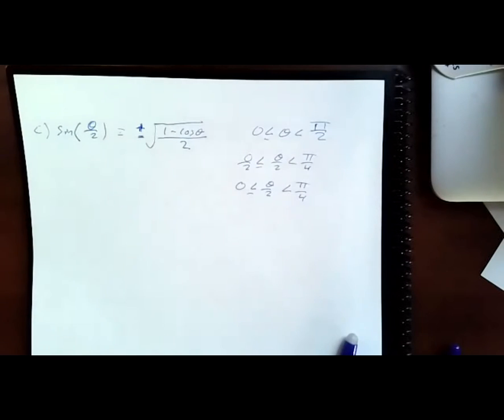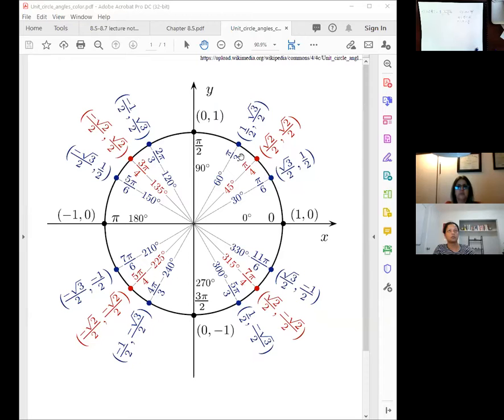All right. So let's look at the unit circle. 0 to pi over 2 is quadrant 1, right? If I divide by 2, it becomes 0 to pi over 4. That's what we showed just now. So it'd be from here to here, right?